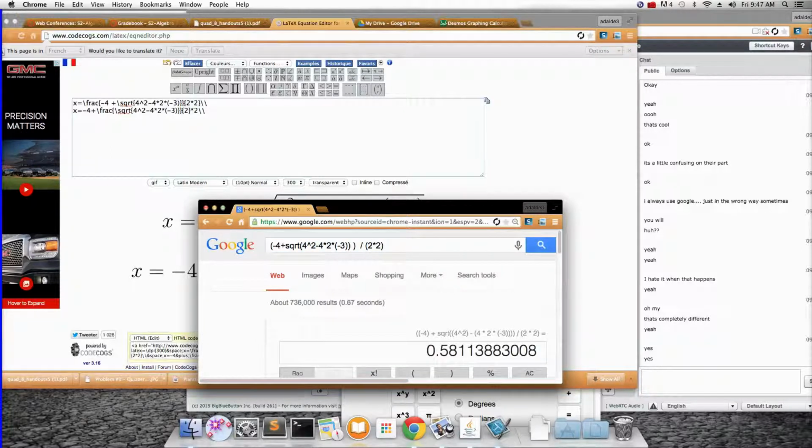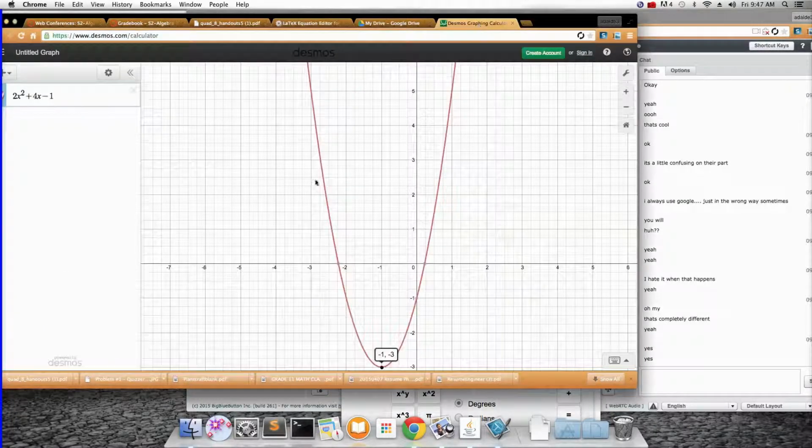0.58. That's a problem. The reason why that's a problem is because it didn't correspond with what I said it should be.